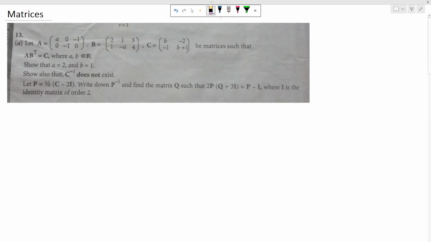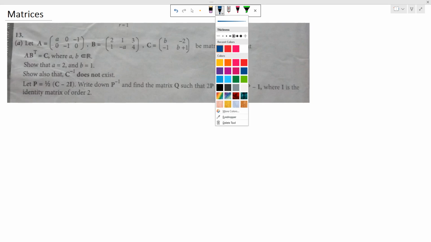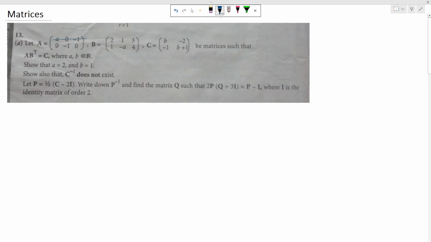So we will just read it. Okay, let A is equal to this, B is equal to this, C is equal to this. Now according to what we have studied, we have to just see the dimension of the matrix A, B and C. So the dimension is, we have 2 rows and 3 columns. So the dimension of these 3 matrices is 2 by 3.